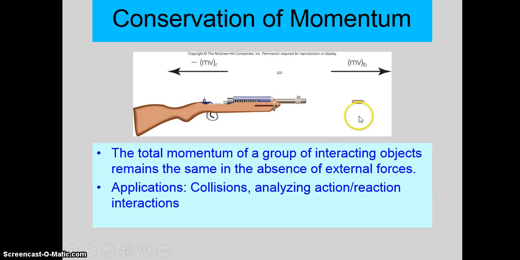This is very useful, for example, people use this in accident reconstruction to figure out how fast someone was going, and it's useful for really simple stuff like a bullet fired from a gun. You measure the velocity of the bullet, you can tell the recoil velocity of the gun. Again, I'll do some examples of that shortly.